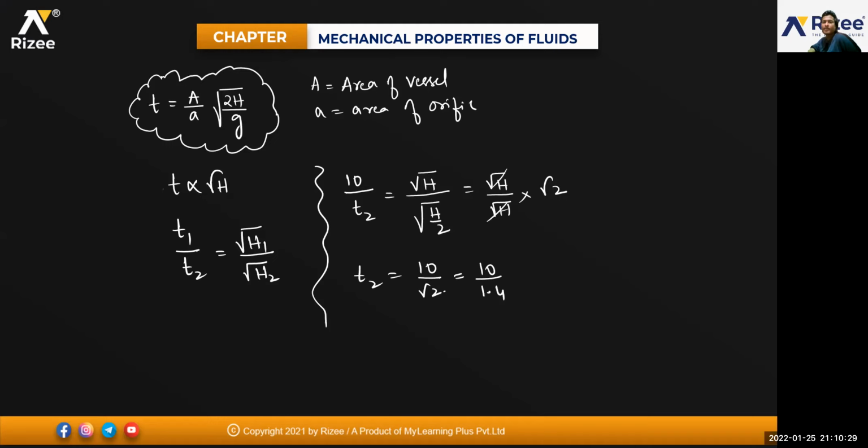Done, beta? So T2 is equal to 10 by 1.4. How much will it be, beta? 100 divided by 14. 10 by root 2, approximately.